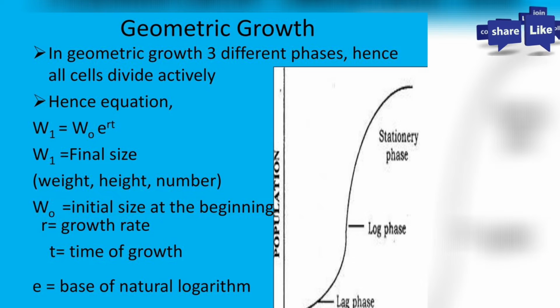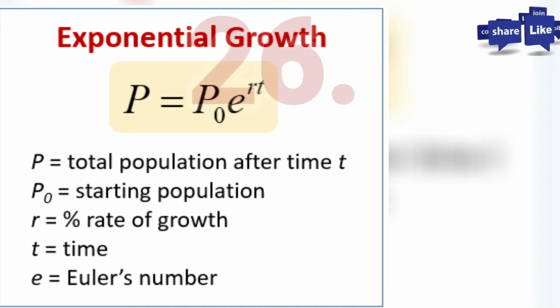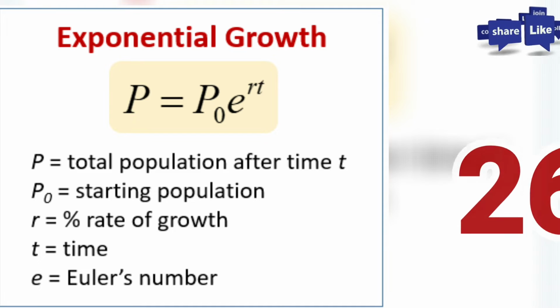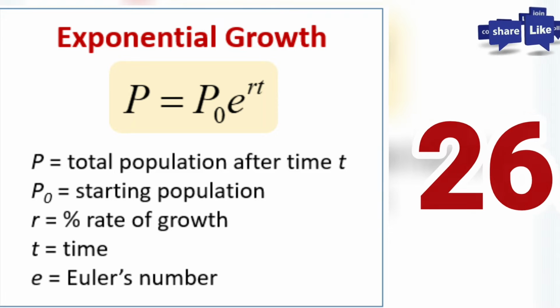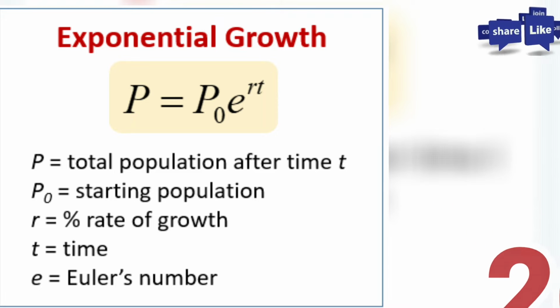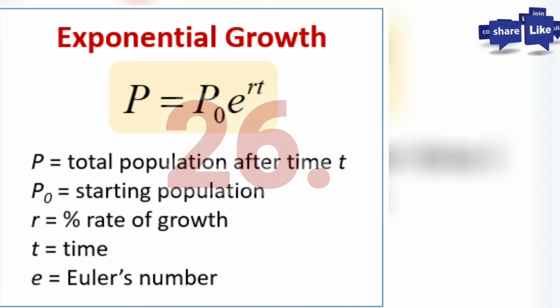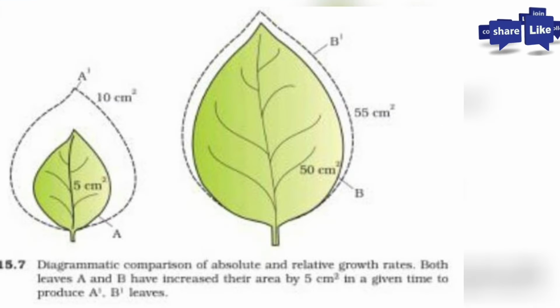Here r is referred to as the efficiency index. W1 is the final size or quantity after a certain time. W0 is the initial size or quantity. Small e is the base of natural logarithm. Small r is the growth rate, a constant factor indicating how quickly the quantity is increasing. t is the time that has elapsed.